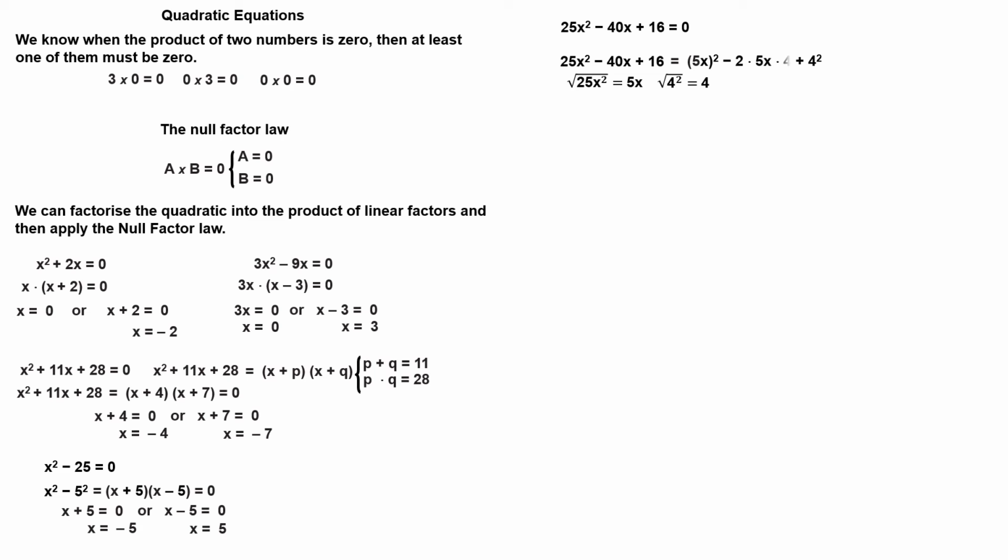Therefore, the trinomial can be factorized into 5x minus 4 times 5x minus 4. 5x minus 4 is 0. x is 4 over 5.